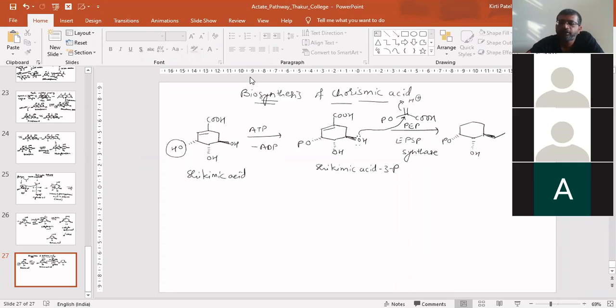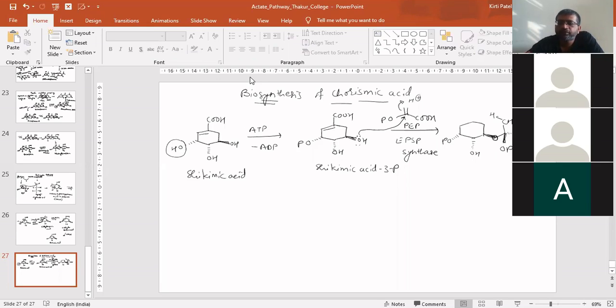This will then be attached to the carbon. This will be O, CH2, and the hydrogen that was added. Then we have an OP, and we have a COOH.